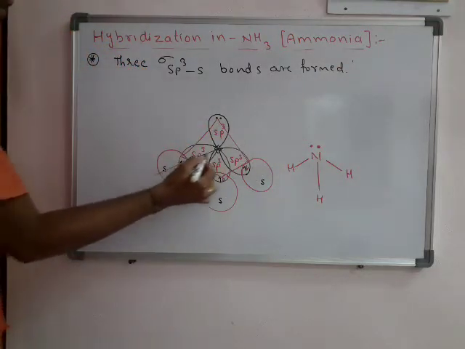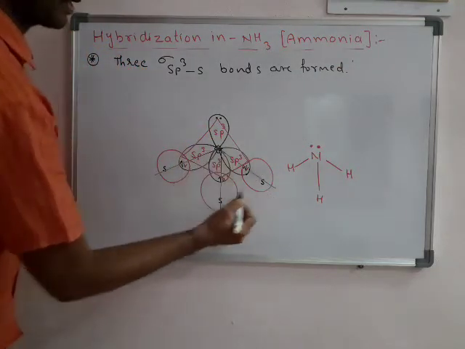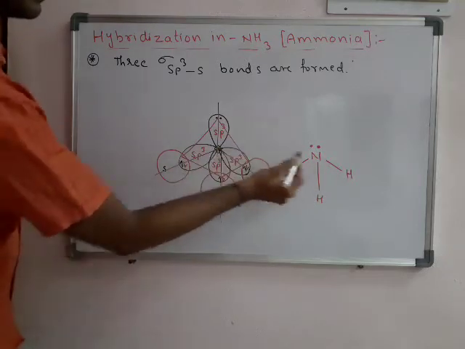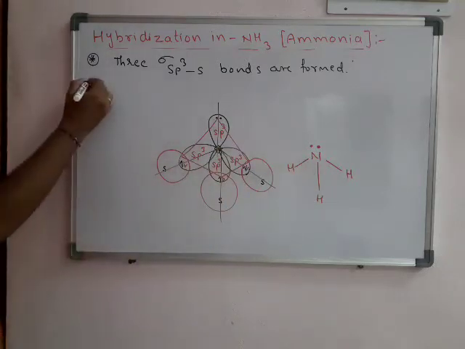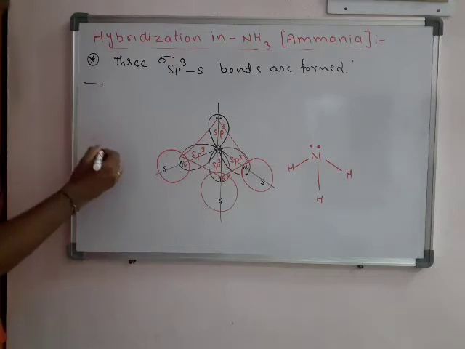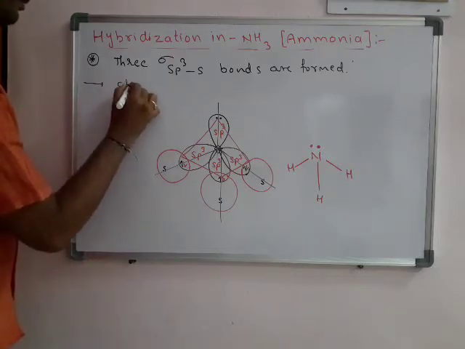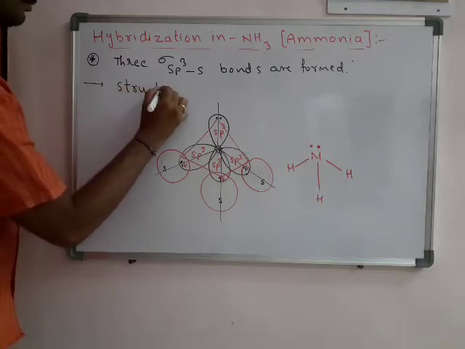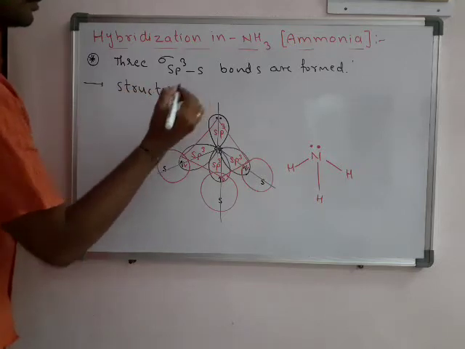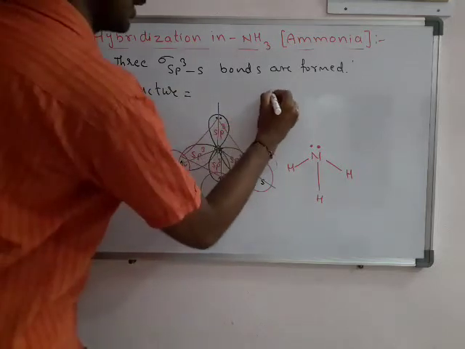This is head-on overlapping, straightwise. There is one lone pair present on the nitrogen. But here, what is important is the shape and structure.